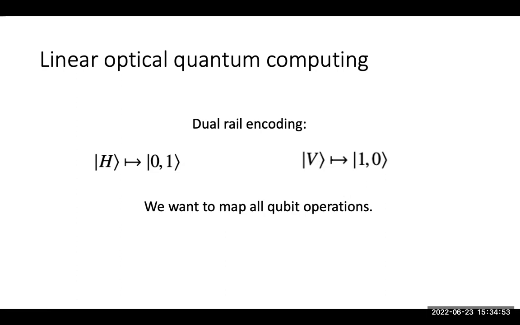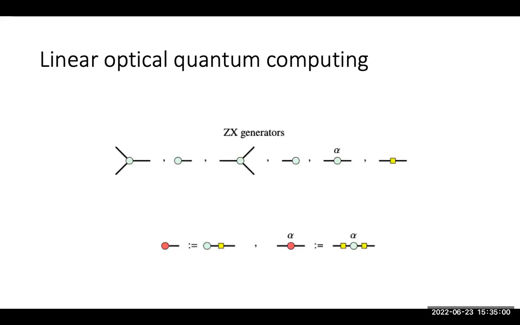Now we want to map all qubit operations onto the Fock space. We're going to map the basic generators of the ZX calculus, which I think everyone here is familiar with. And we're going to take this simple way of generating the ZX from some basic operations.